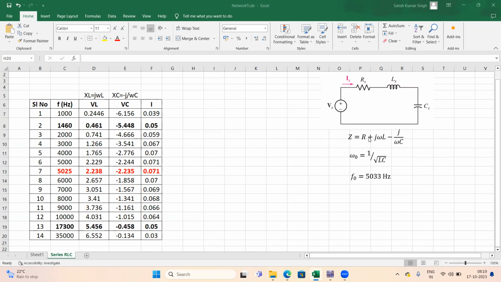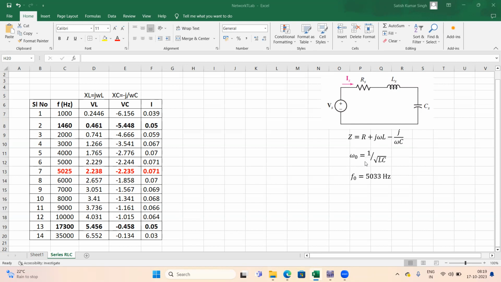By following the equation jωL equals 1 upon jωC, we can get the expression of ω0. So at ω equals ω0, resonance will occur in the circuit. ω0 is equal to 1 upon root over LC.